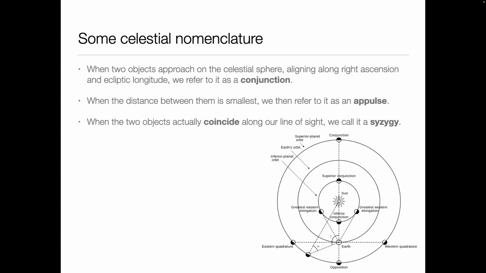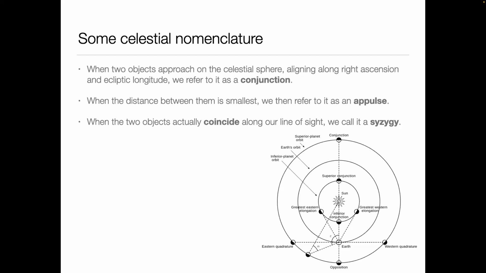Any two objects on the celestial sphere that get close to each other and are aligned either along what we call the right ascension, which is like the horizontal component of the equatorial coordinate system we can position at the center of the Earth, or basically along the ecliptic longitude, then we call that a conjunction. It's kind of a loose term, but usually you pick a coordinate axis and say if the two objects are kind of aligned along that axis, you call it a conjunction.